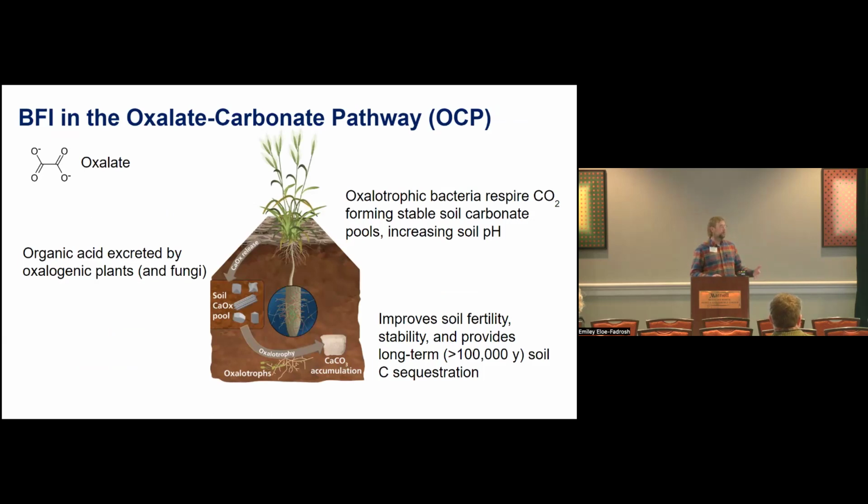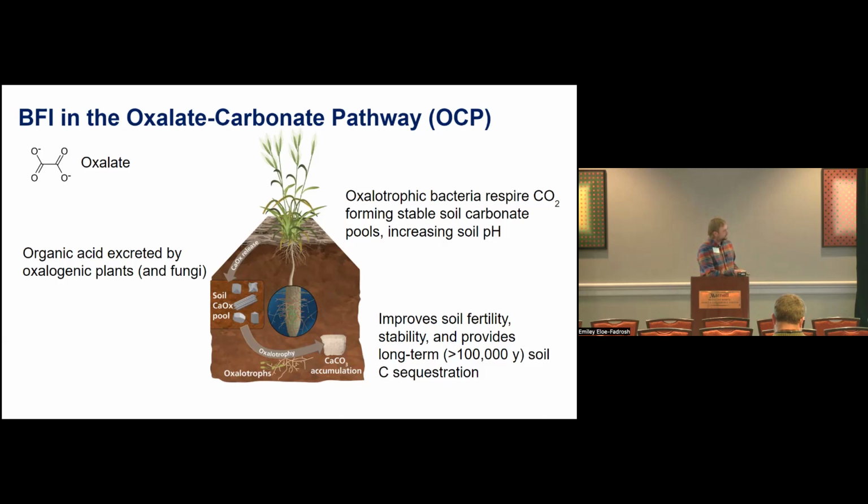So oxalotrophic bacteria and fungi can stabilize plant-derived carbon by releasing CO2 that then gets complexed into calcium carbonate and increases soil fertility by affecting soil pH. And there's also evidence that this contributes to long-term carbon sequestration pools.